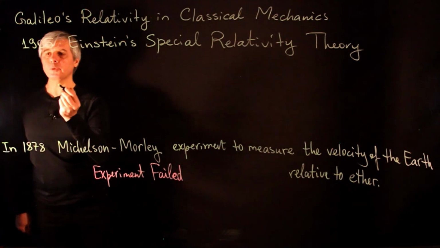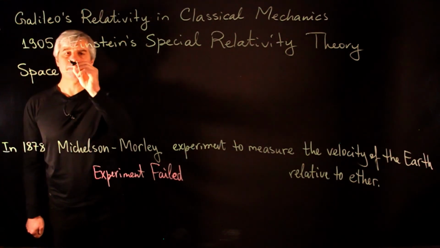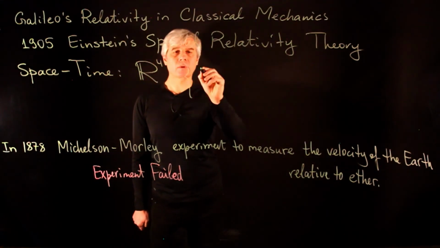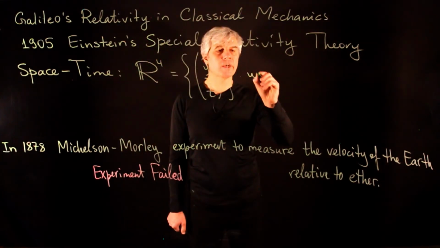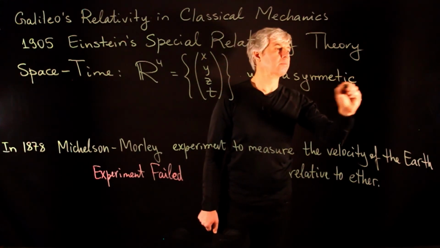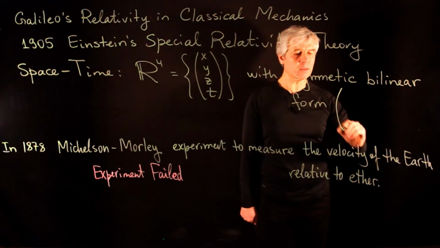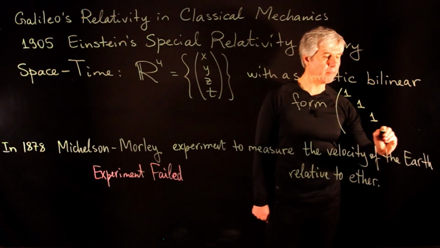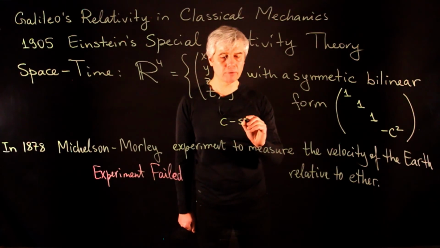Einstein's idea was to put space and time together and form a single space-time, which is R4, with vectors of the form x, y, z, and t, with a symmetric bilinear form, with a matrix given by a diagonal matrix 1, 1, 1, and then minus c squared, and zeros elsewhere, where c is the speed of light.